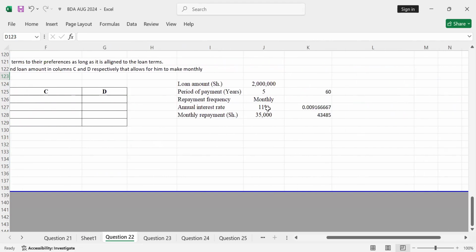We want to know what our interest will be, and also the number of months he is going to pay, and the amount borrowed.